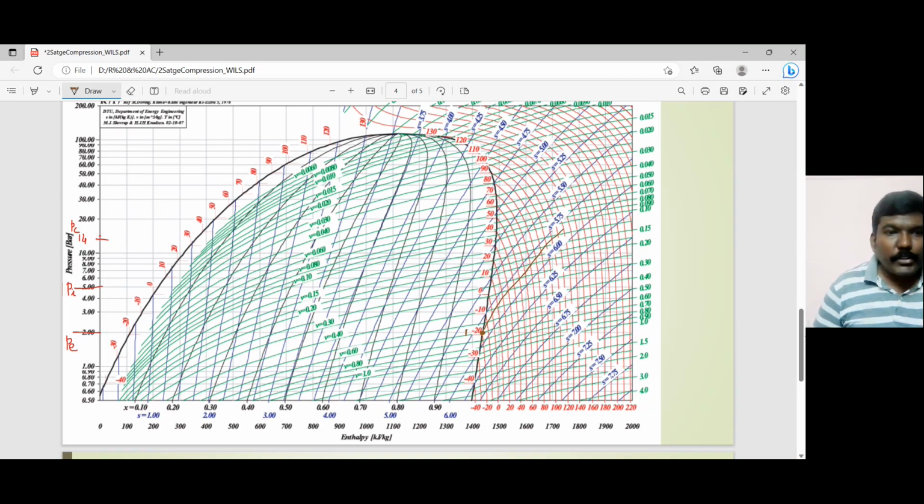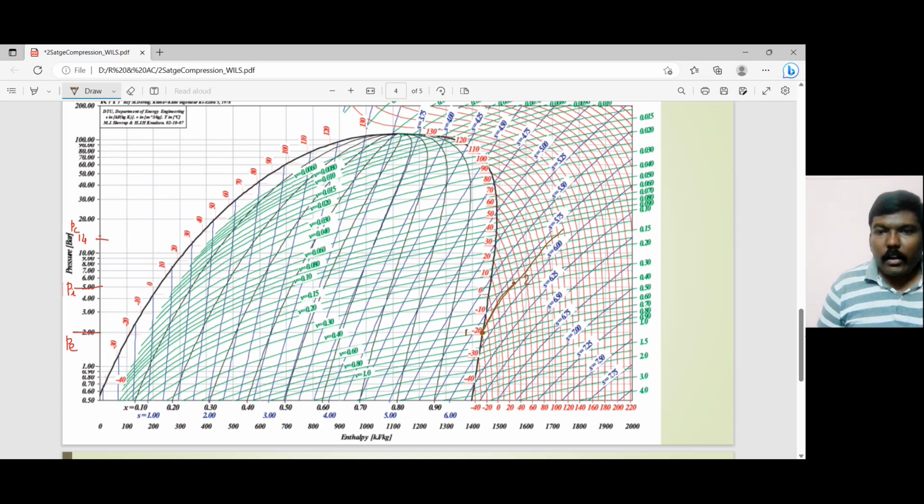And how far should I draw that? My intermediate pressure level is at 5 bar. So if I follow this 5 bar line over here, that should intersect somewhere here. Okay, so that is my point number 2. So this is my 1-2.